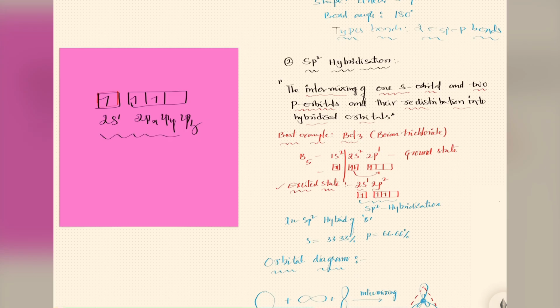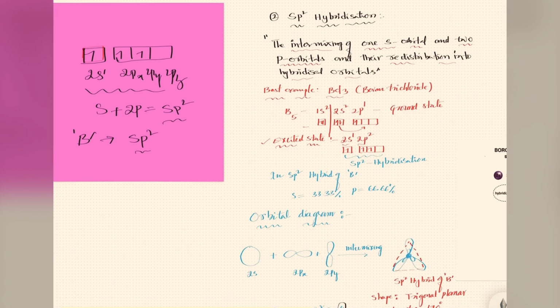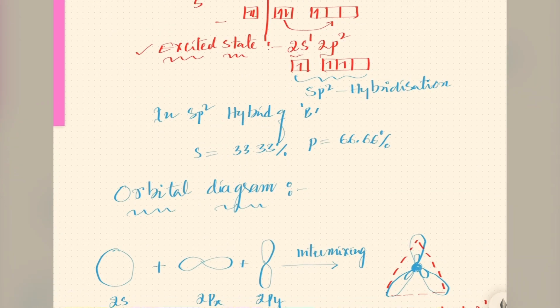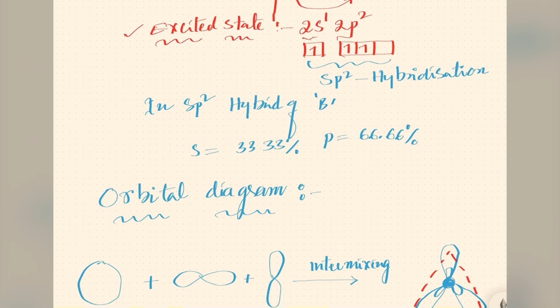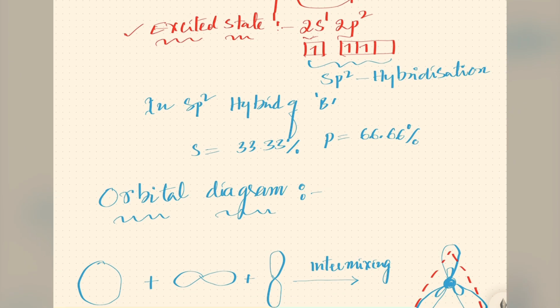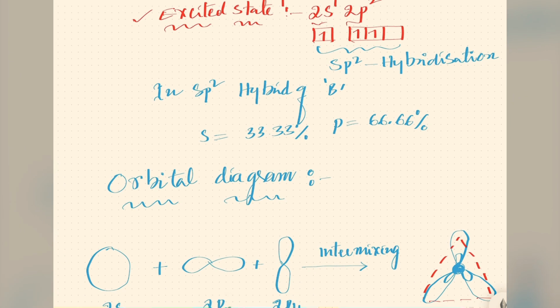Totally we have one s orbital and two p orbitals. So how can you write it? sp2 hybridization. Which element is it? Boron. So this boron undergoes sp2 hybridization. Clear?